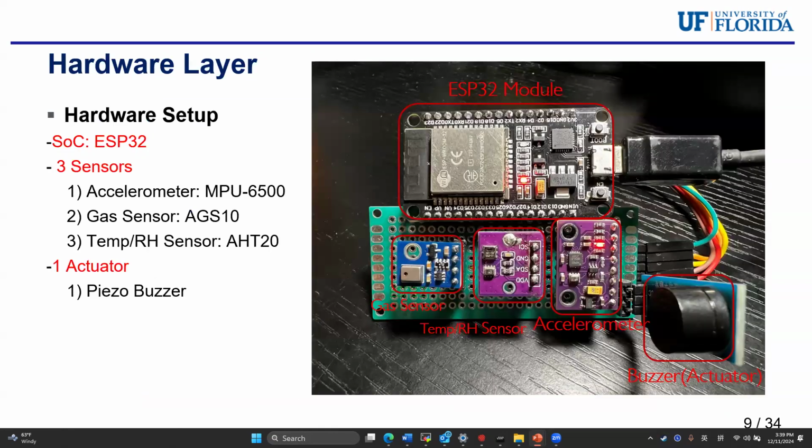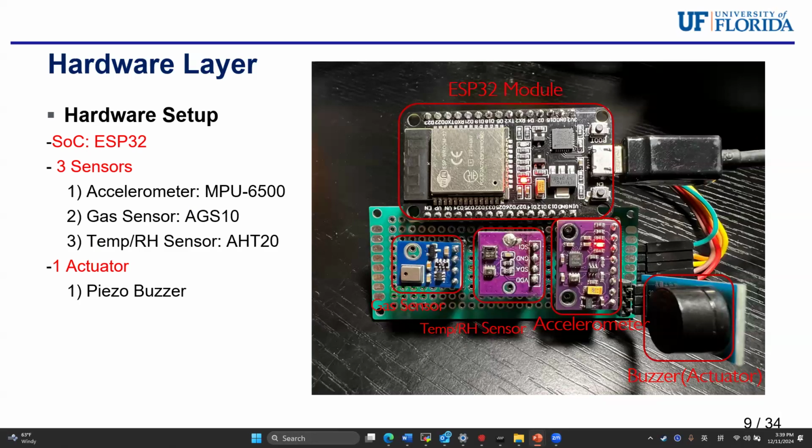Hi, I'm Jesse. I'm responsible for the hardware design of our project. And this slide shows our hardware setup. We can notice that the tiny board with the blue gas sensor, and the purple board in the middle is the temperature and humidity sensor, and the purple board on the right is the accelerometer.